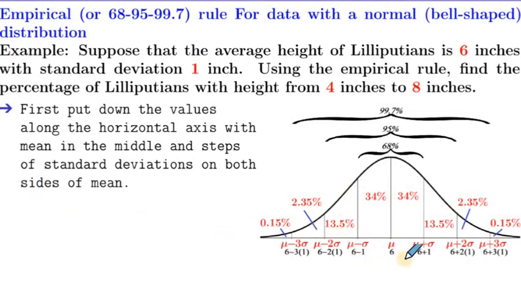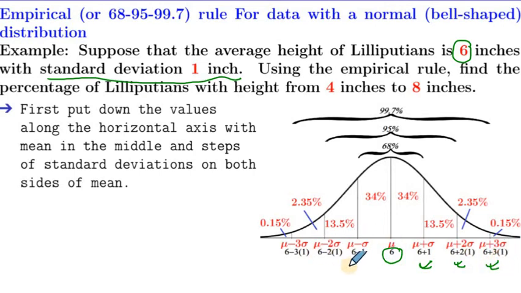So our mean is 6 and our standard deviation is 1, which I got from here. Plugging in those numbers, we get 6 plus 1, 6 plus 2 times 1, and 6 plus 3 times 1.